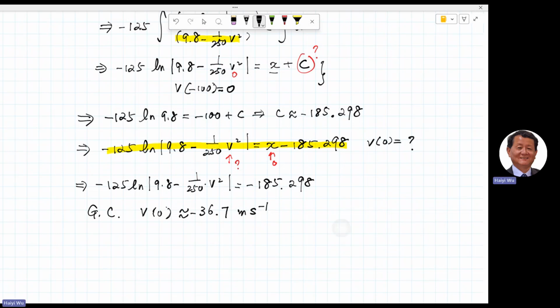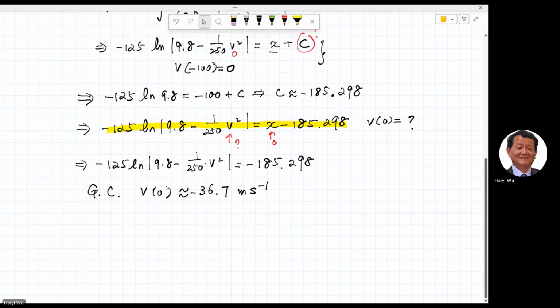We actually have two answers, positive and negative. However, velocity must be positive or equal to 0. That's the condition.